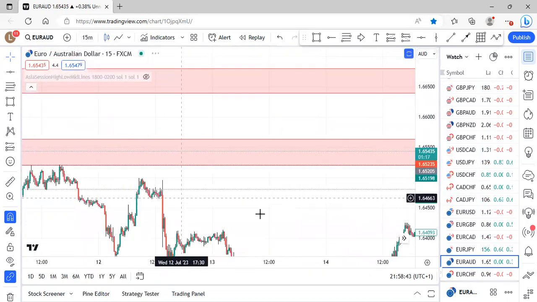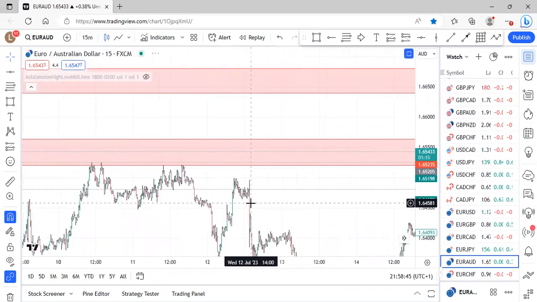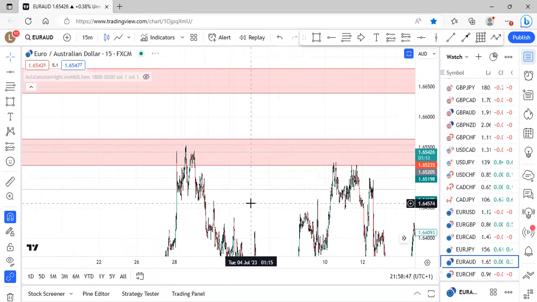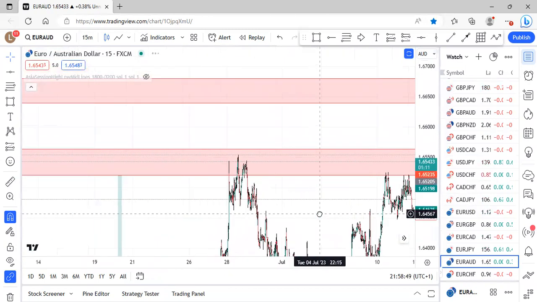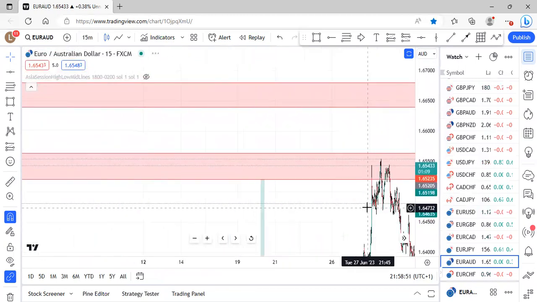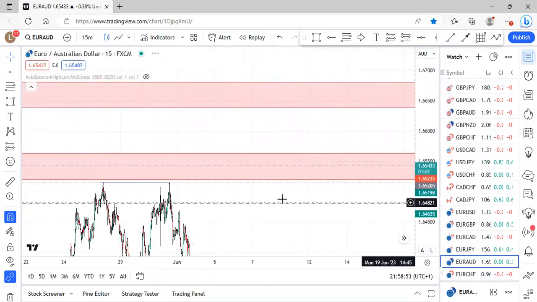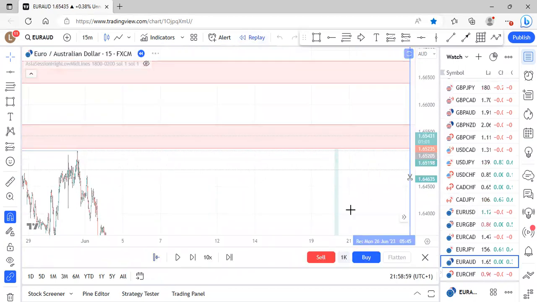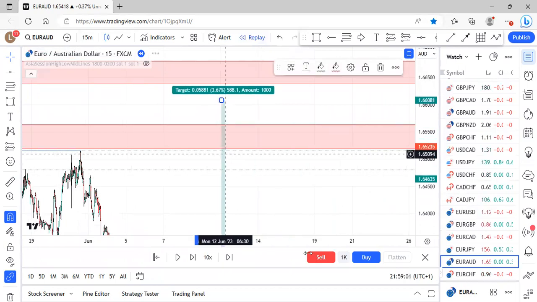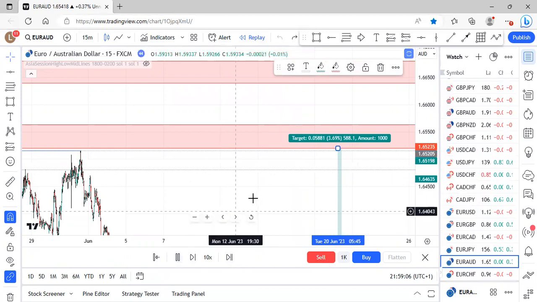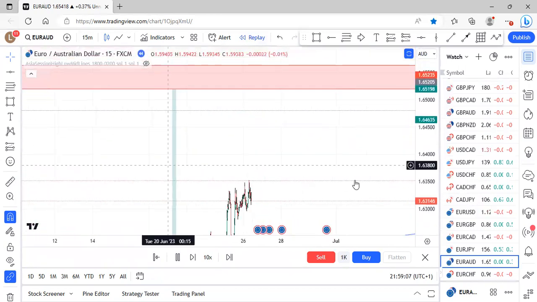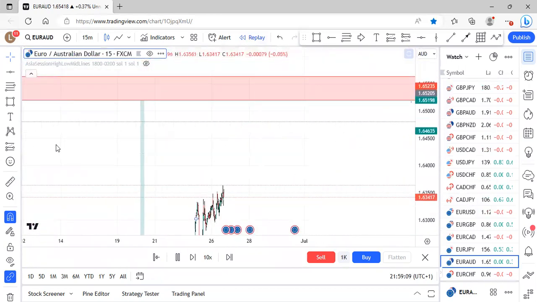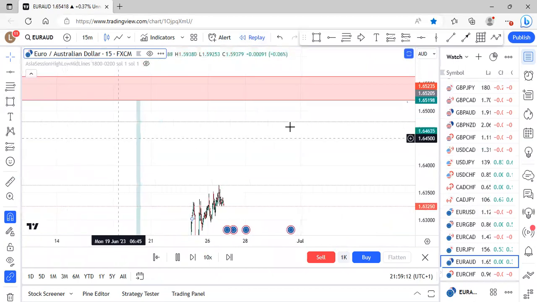What I'll do is I'll try playing this trade out, so we've got a higher time frame.